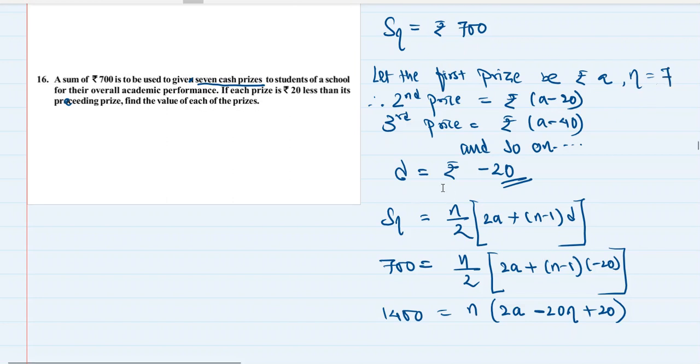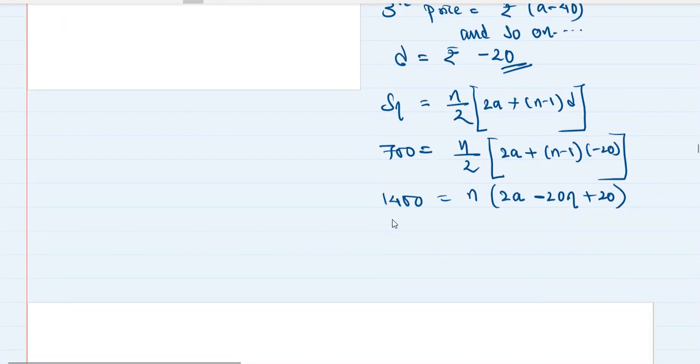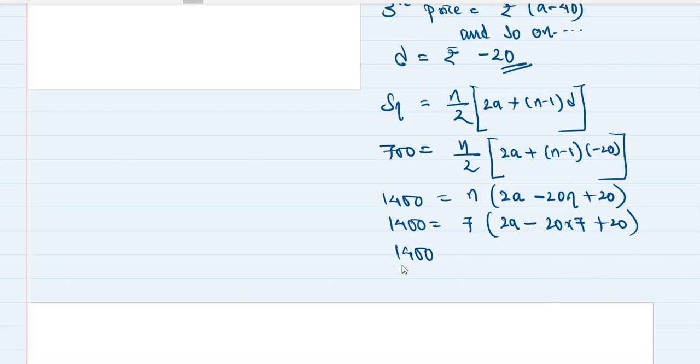Let's substitute the value of n. So 1400 is equal to 7 bracket 2a minus 20 into 7 plus 20 bracket close.